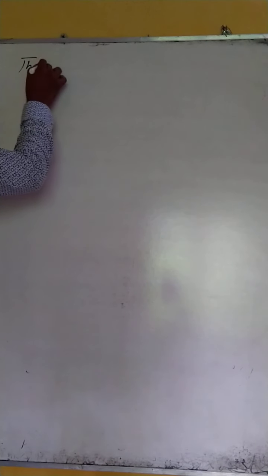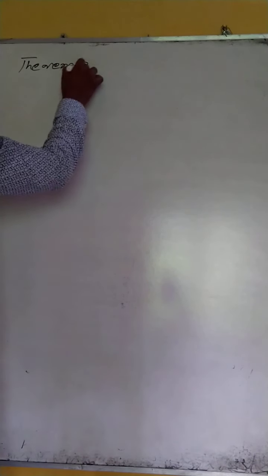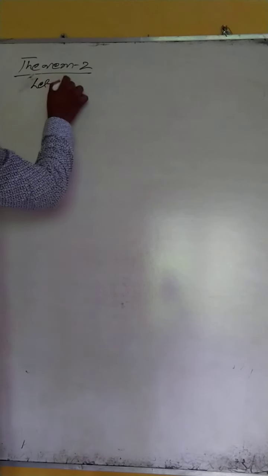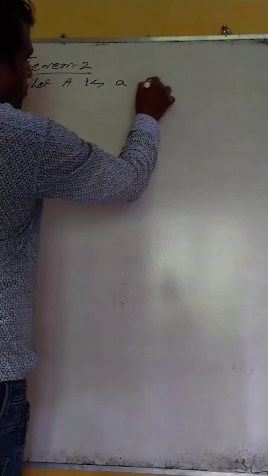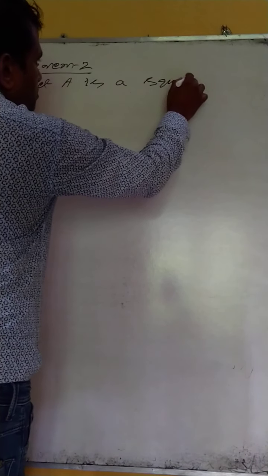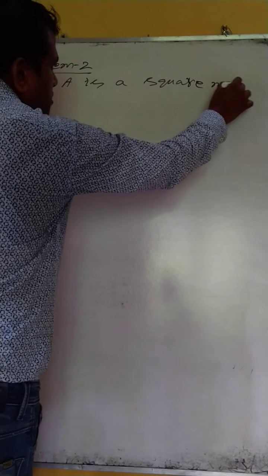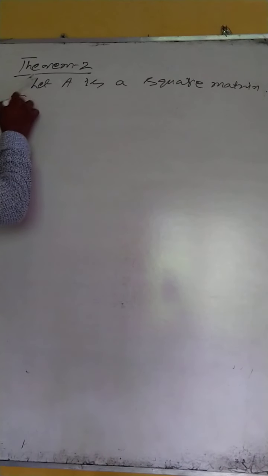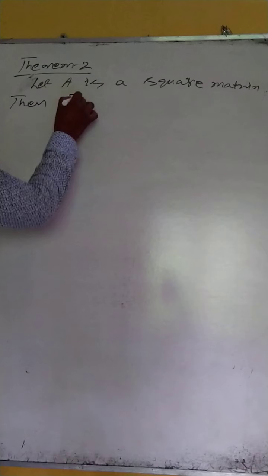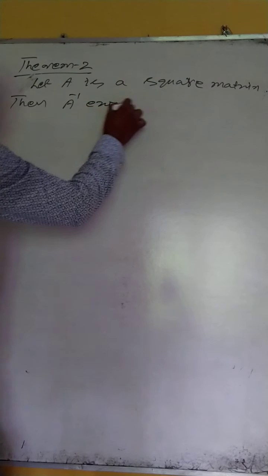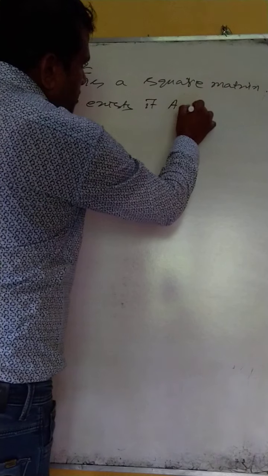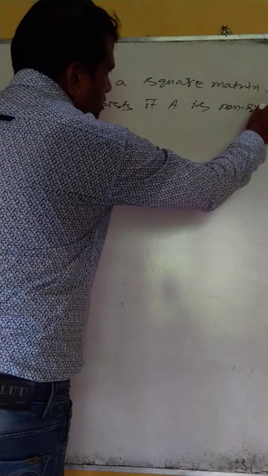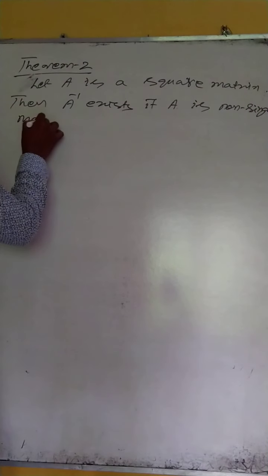Next theorem: let capital A be a square matrix, then A inverse exists if capital A is a non-singular matrix.